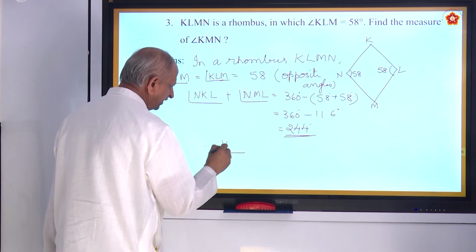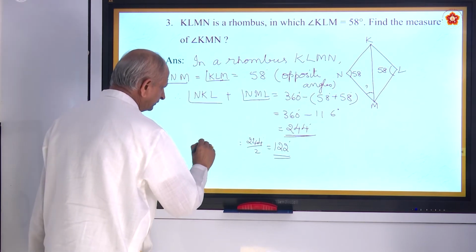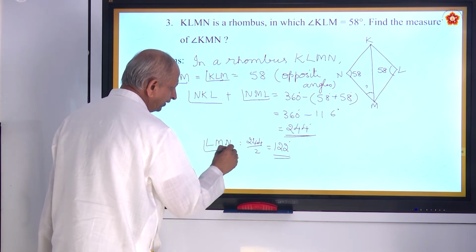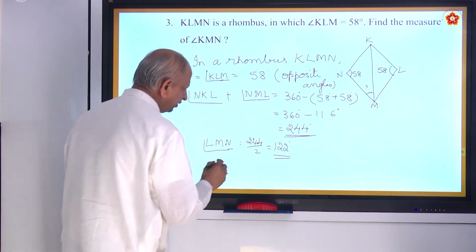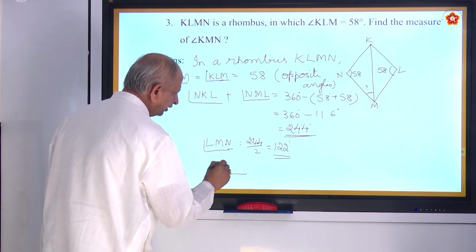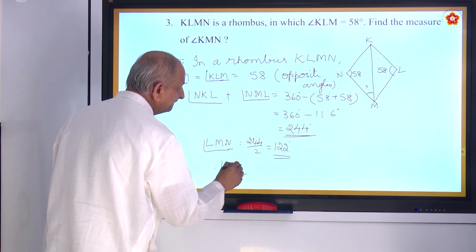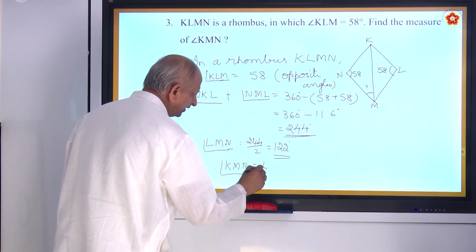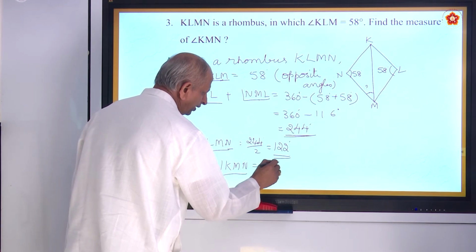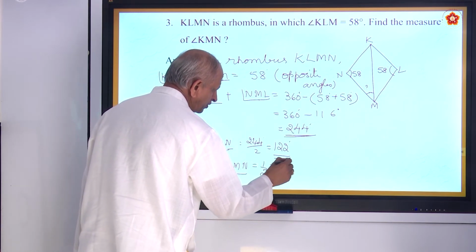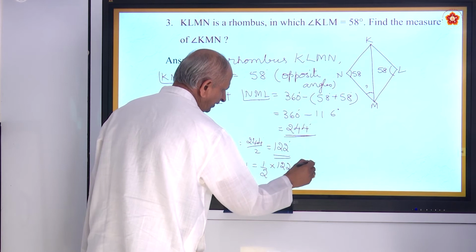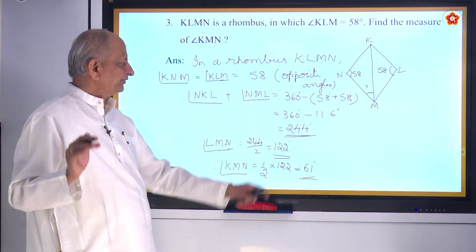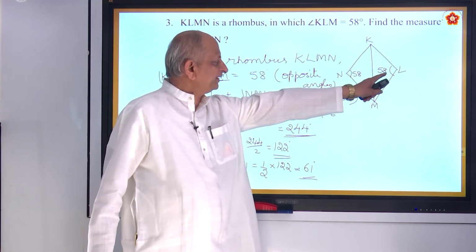Therefore, angle LMN is equal to 122. Now, lastly, KMN is equal to half of that 122, that is 61 degrees. Is it all right? See, first it was given 58.